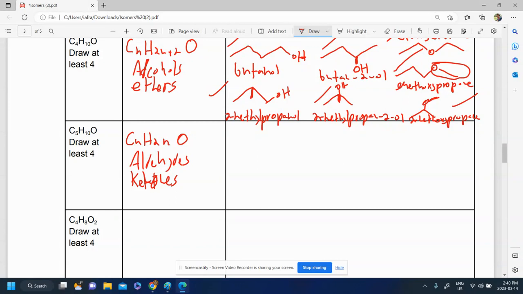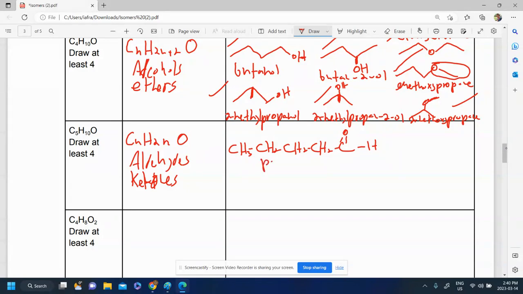Let's try to draw one of each. We'll try to do a little bit of variety here. So we'll do an aldehyde with 5 carbons in there. So 5, double bond O, H, and so this gives us H3, H2, H2, H2. So that's C5, H 5, 6, 7, 8, 9, 10 with an O.